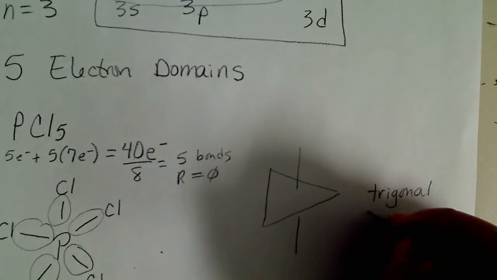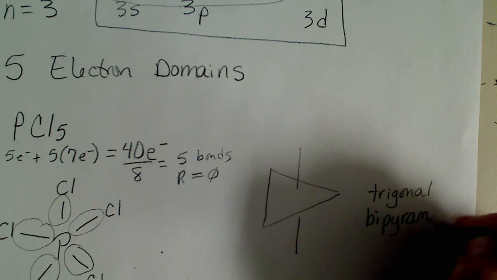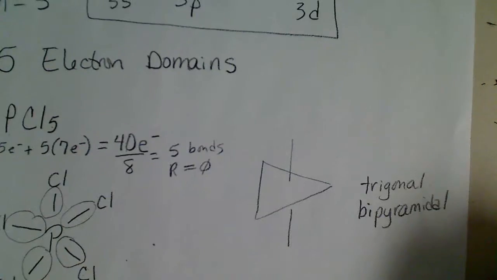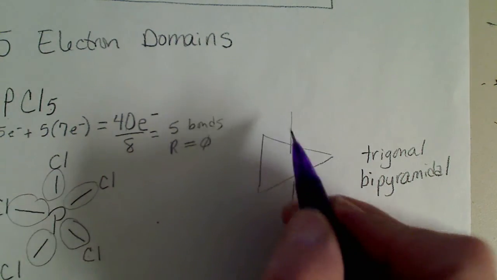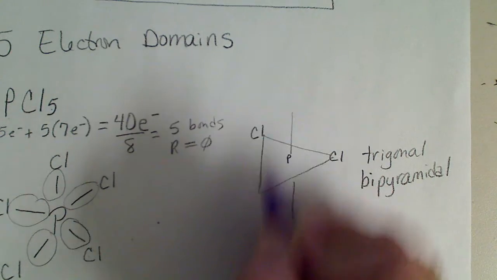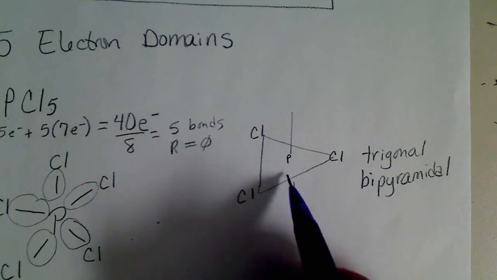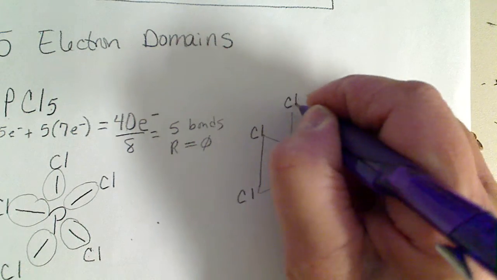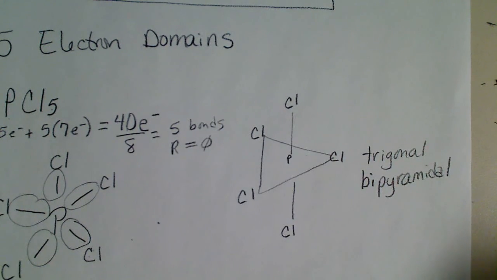So we would call this trigonal bipyramidal, and textbooks generally have much nicer three-dimensional drawings of that. So here is where our phosphorus would be, and a chlorine in the horizontal triangle, and then one chlorine directly above and one chlorine directly below that triangle.